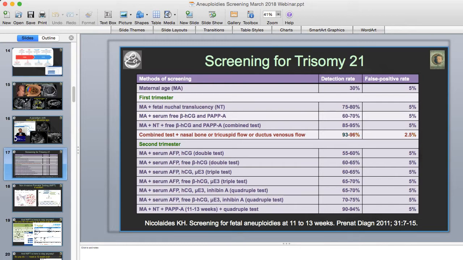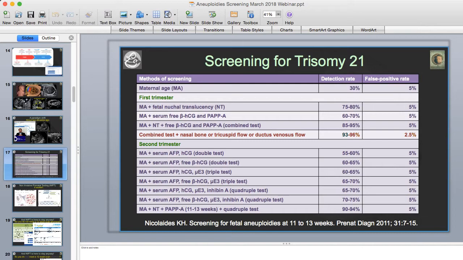When we move to the first trimester, if we have maternal age and nuchal translucency, just one ultrasound marker, we increase our detection rate to 80%, a straight jump of 5 to 15% over the biochemical markers of the second trimester.